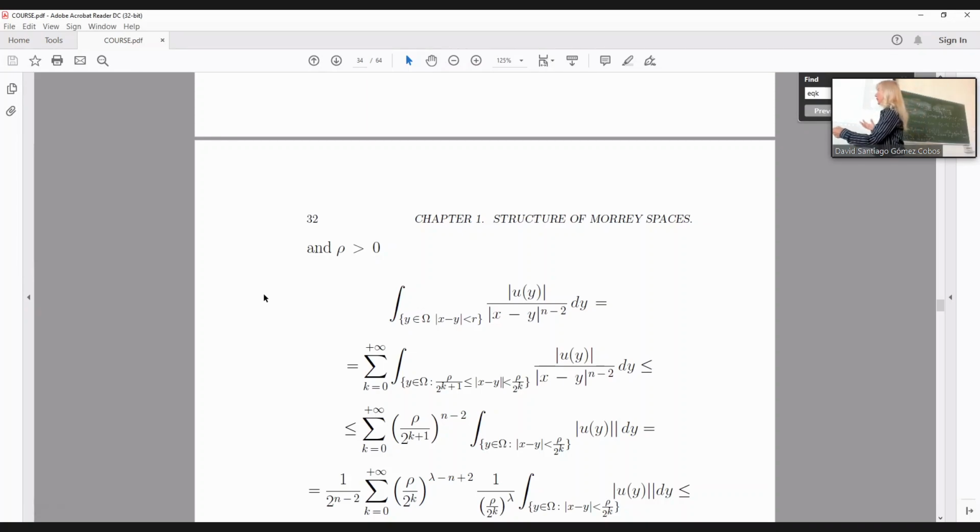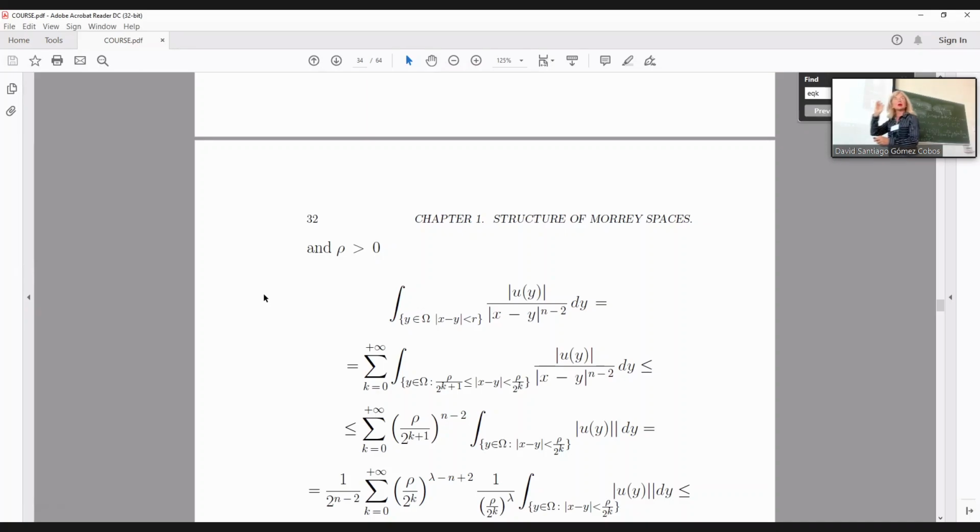And we have in the integral only the function u. Then what we have? Multiplication and dividing by rho with the denominator 2 with exponent k lambda, that we obtain here 1 over 2 with exponent n minus 2 and the summation between 0 and plus infinity of rho with exponent 2k n minus 2, because we here are not interested in 2 with exponent 1 because it's not in the series.